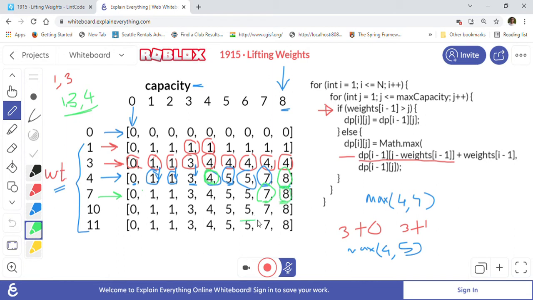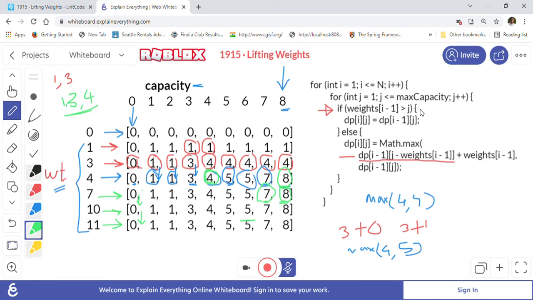So similarly, if we populate all these rows, now in case of 10, everything will come from above, right? Because weight is always greater than J, right? J is our capacity. So our weight is 10, which is always greater than J. So everything will come from above in this case. And again for 11 also, everything will come from above, because weight 11 is greater than our maximum capacity 8, right?